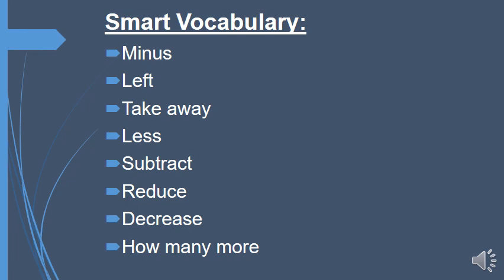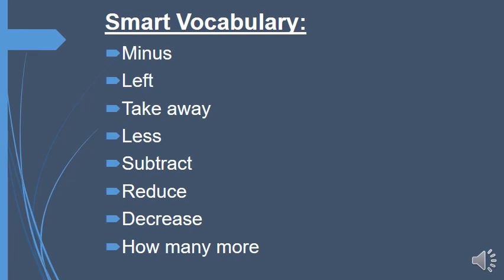The words are: minus, left, take away, less, subtract, reduce, decrease, how many more.